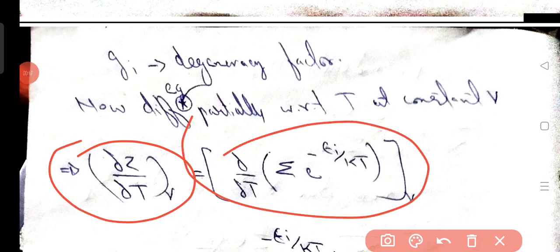First of all, take the derivative of the partition function with respect to temperature. Here we have the derivative of the partition function with respect to temperature at constant volume, so apply the derivative on both sides.